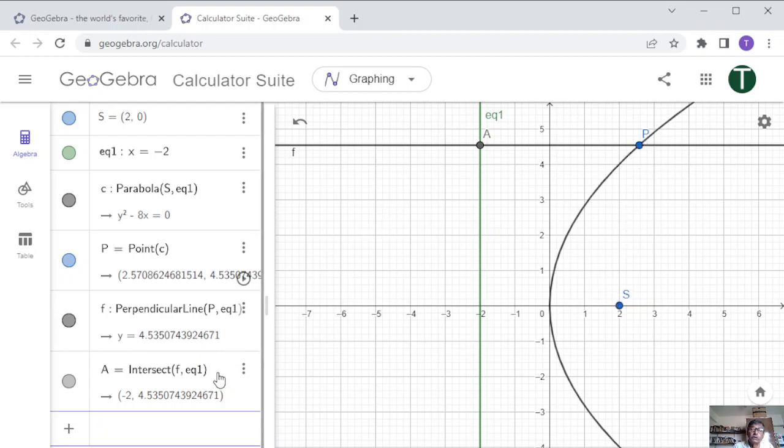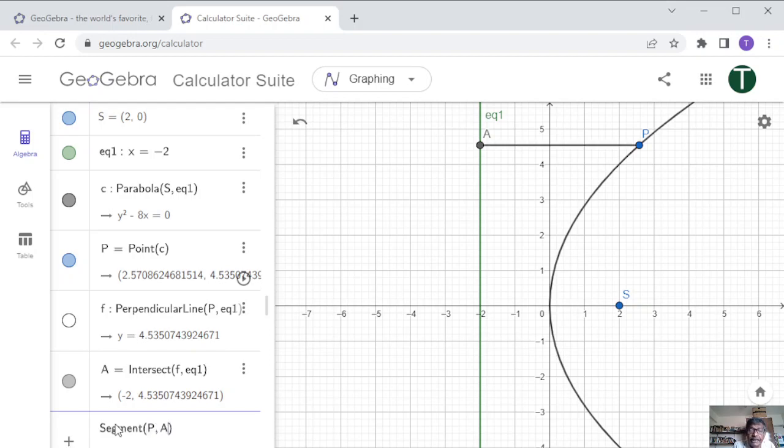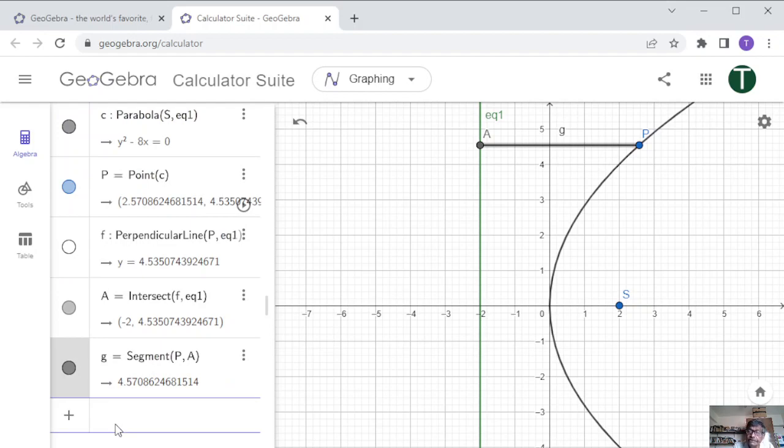So you write segment, line segment, that is P comma A, that is good, and then the line segment PS.